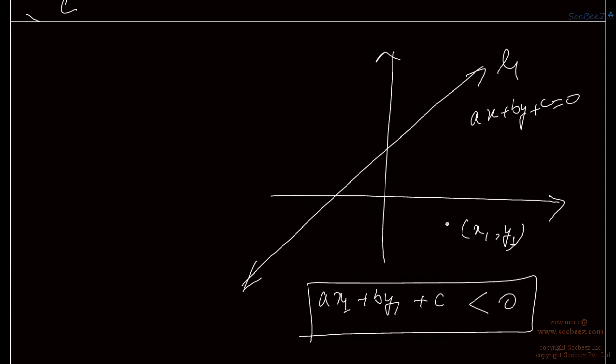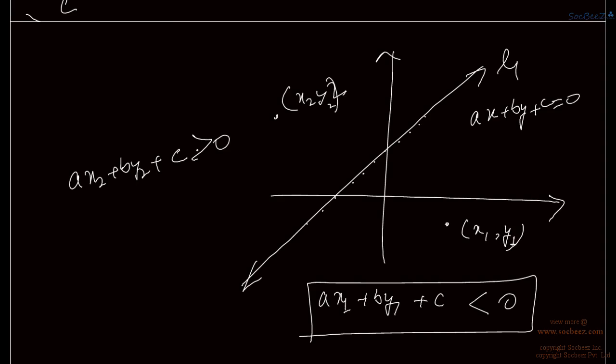You will see that because this point lies in lower half of this line, and if this say this is point x2, y2, okay, so ax2 plus by2 plus c should be greater than 0 because this point lies in the upper half.